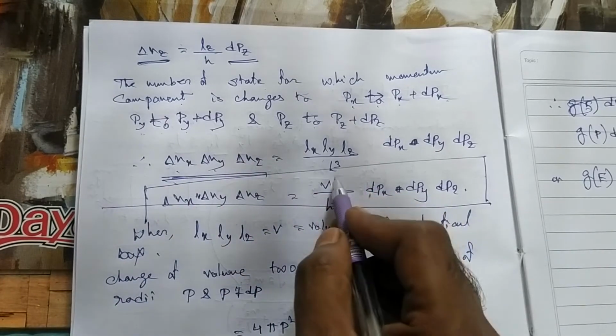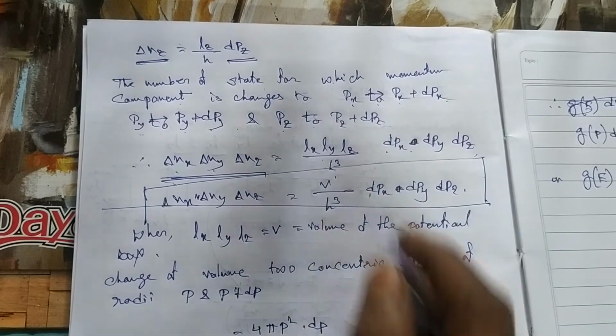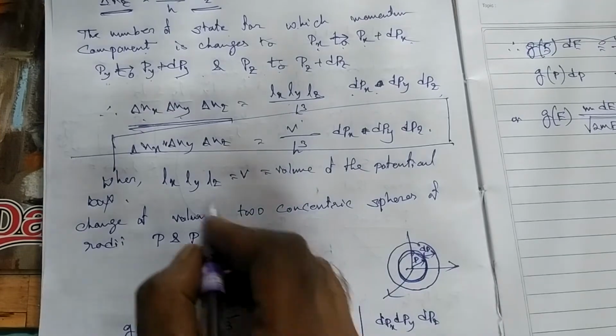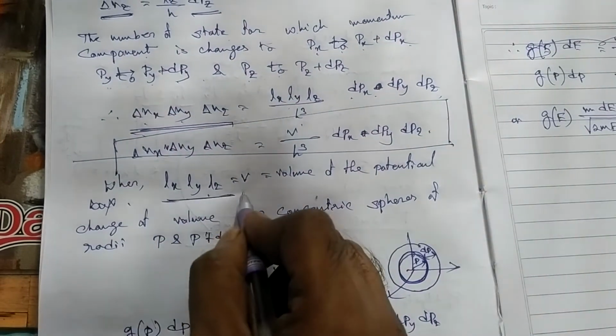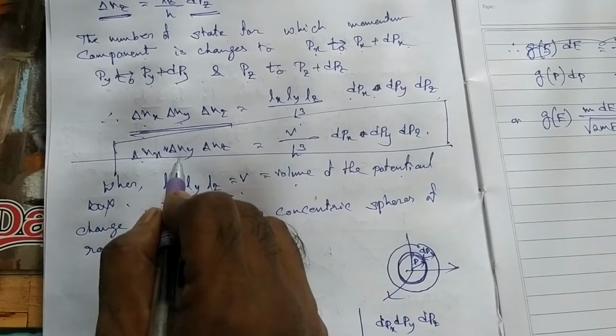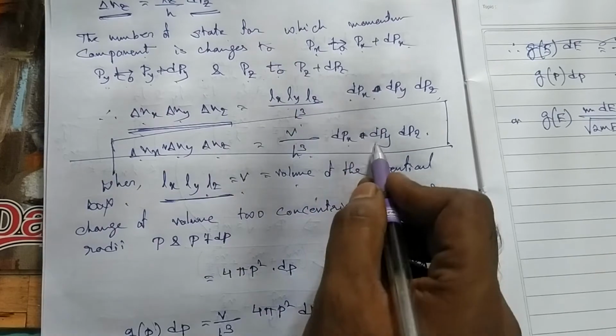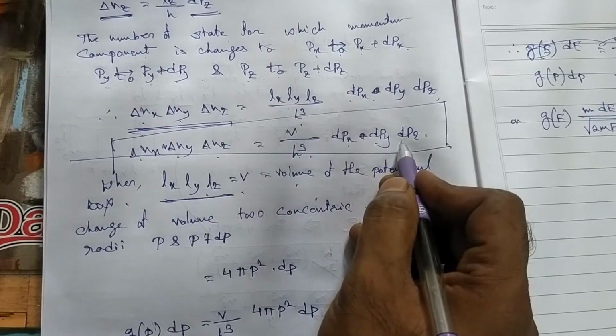then the total change in quantum states del nx, del ny, del nz is equal to Lx Ly Lz by h cube dpx dpy dpz. If you consider Lx Ly Lz as the volume V of the potential box, we can write del nx del ny del nz is equal to V by h cube dpx dpy dpz. Is it clear?